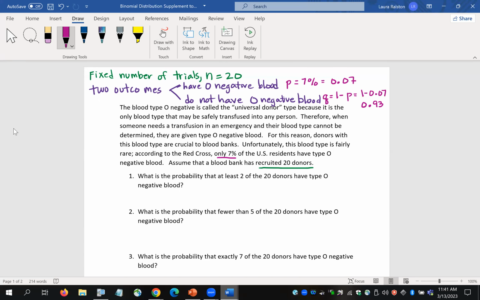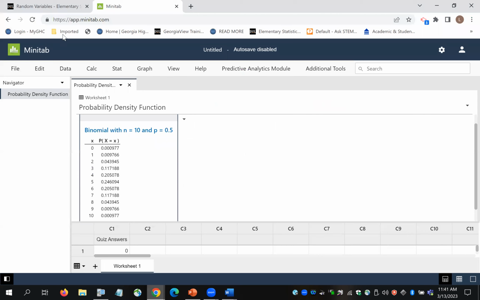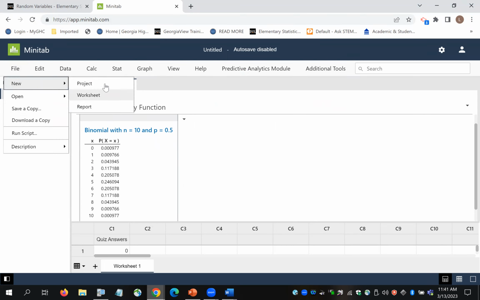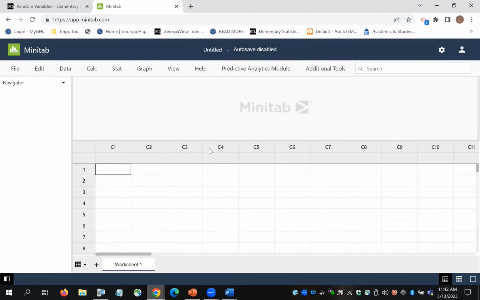Okay, so it does represent a binomial distribution. And so I've got to go out and calculate it first. And I have 20 donors. So I'm going to get a new spreadsheet. And again, in the first column, I'm going to put the number of donors.